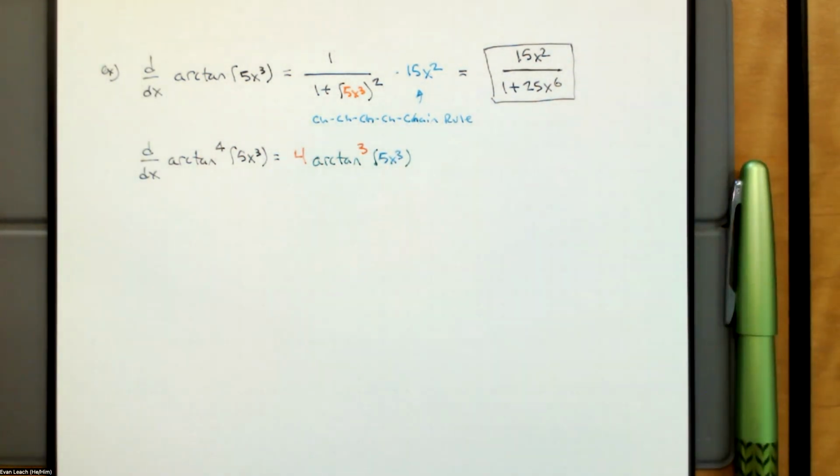The derivative of something to the 4th power is 4 that thing to the 3rd power times the derivative of that thing. The derivative of arctangent of 5x to the 3rd.